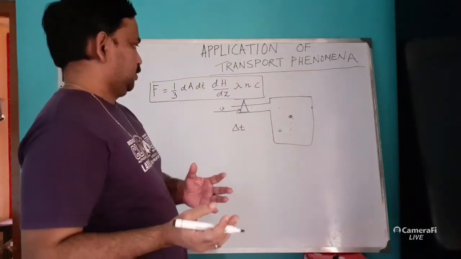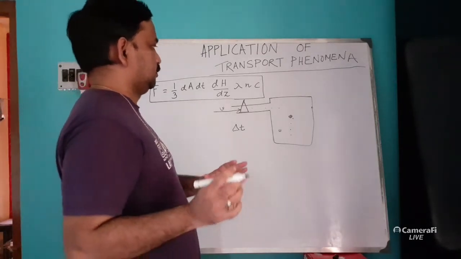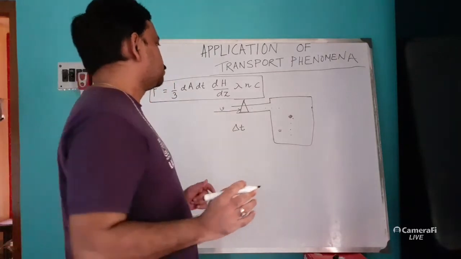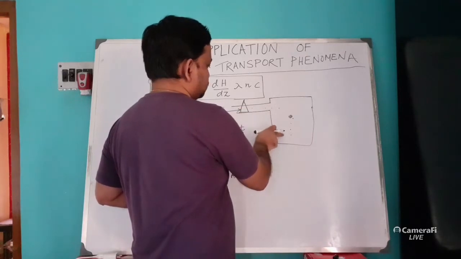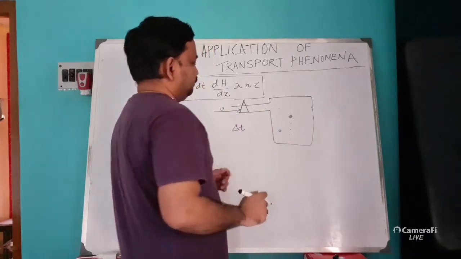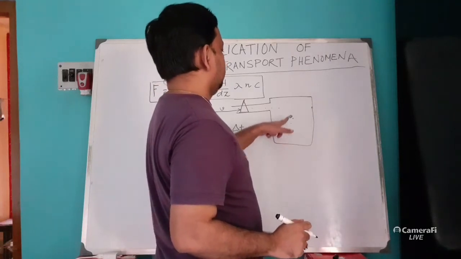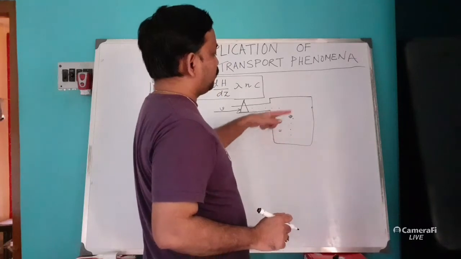They may be at low temperature. Let us consider that situation that the temperature of the molecules in the cylinder is very low. So when this gas enters into this cylinder, the hot molecules would transfer some physical quantity to these molecules.